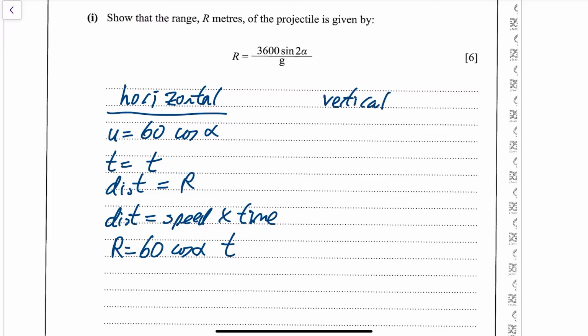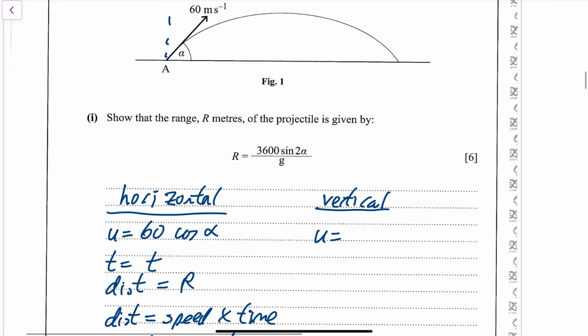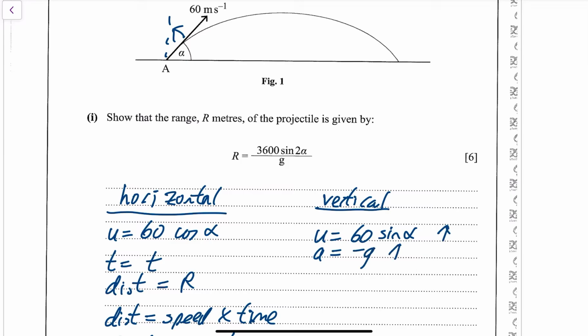Right, so vertically, my initial velocity, going upwards here, I haven't got the angle, so it's sine, so it's 60 sine alpha. Use the arrows here, that's upwards. My acceleration then is minus g, it's going against that if it's going up.